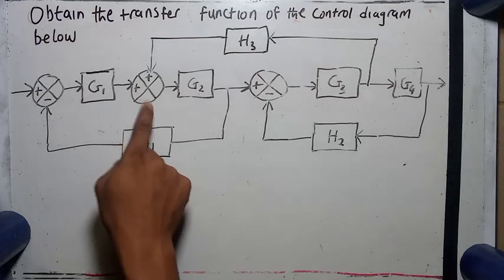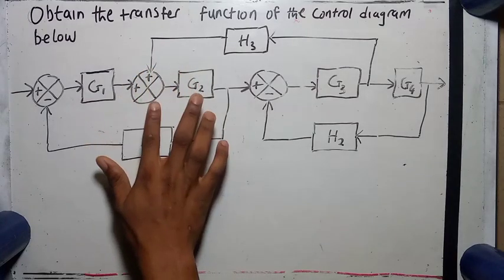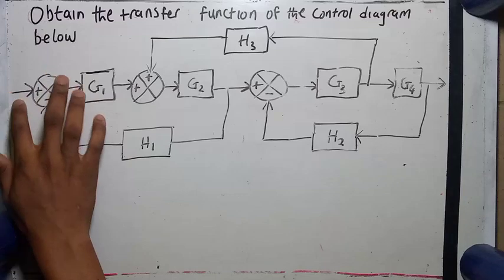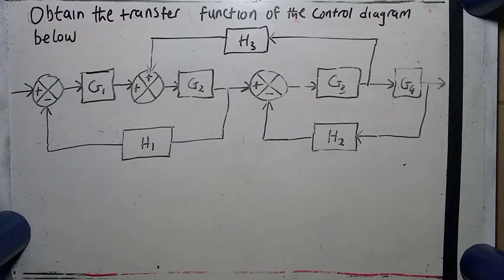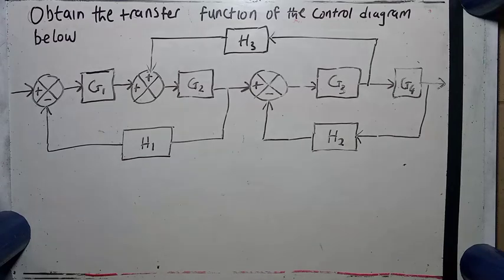So let us start with this one. We are moving it over to this part. When we do that, this one will go off and then appear around here. This one will shift to this point, and this one will shift to this point.